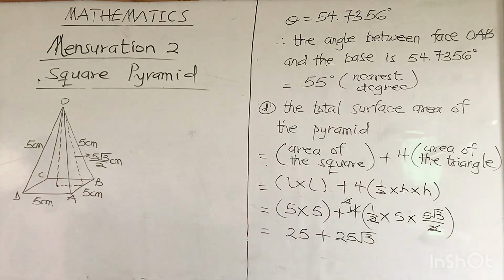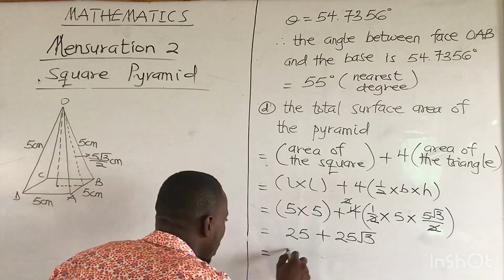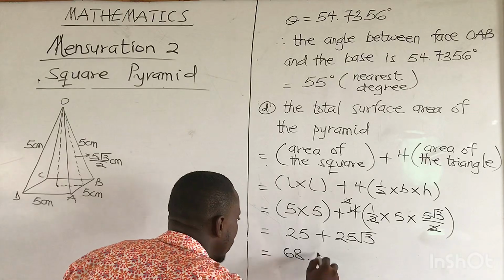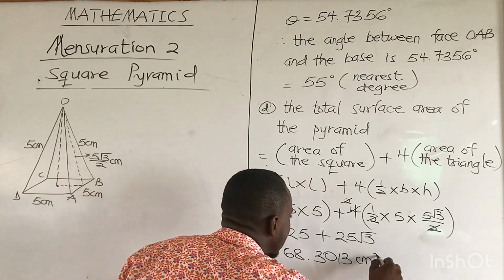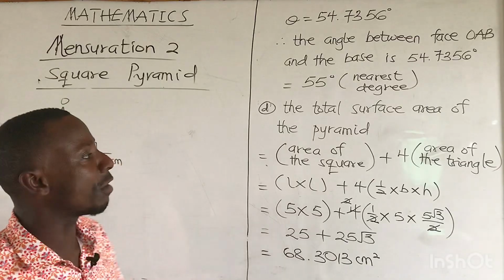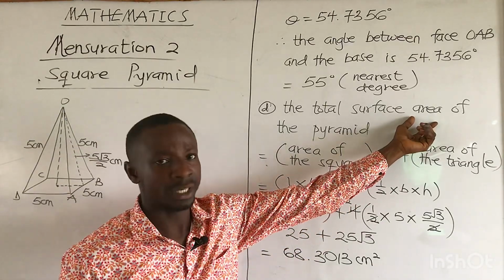So from here we can add 25 and the 25 root 3. So when you put them together, we are going to get 68.3013 centimeters squared, because we are looking for the total surface area.